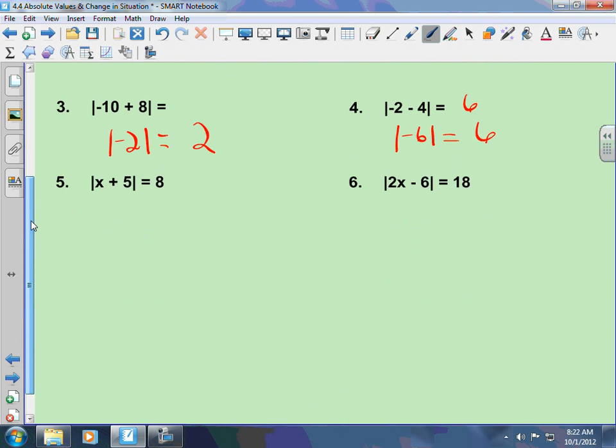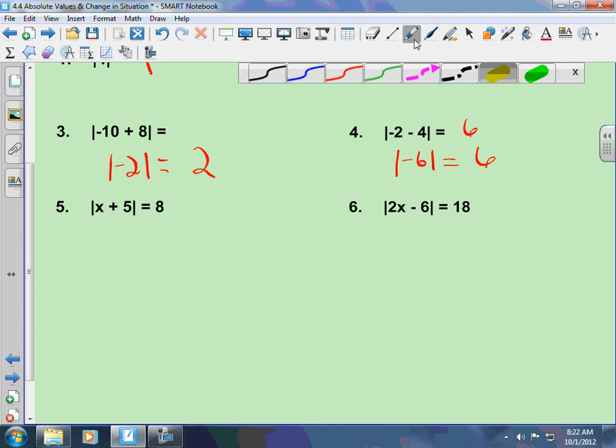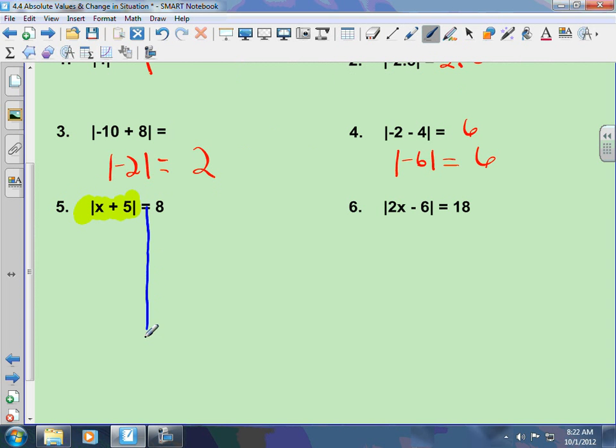So now, I cannot use the calculator on number 5. I have to solve this. So let me ask you, is there anything outside of my absolute value? No. Anything outside my absolute value on the same side as my absolute value? Nope. So I take what's inside out, x plus 5, set it equal to 8, and x plus 5 and set it equal to -8.